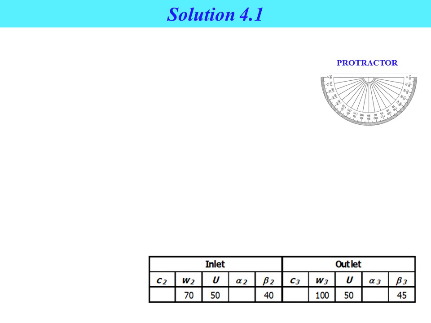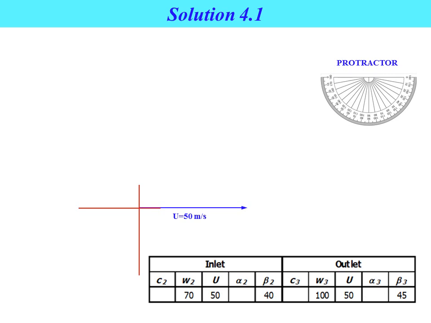So you need to use a protractor to determine the angle, and also a ruler to measure the length of the line or of the vector. First, because we already know that the U vector is normally horizontal, just draw the horizontal line, and based on the value given in the table, determine the length of the U vector, which is 50 meter per second.